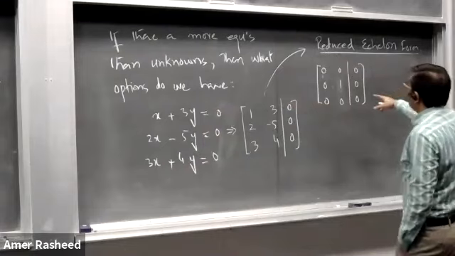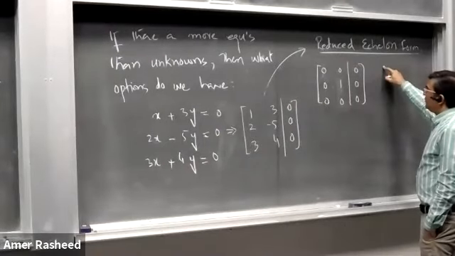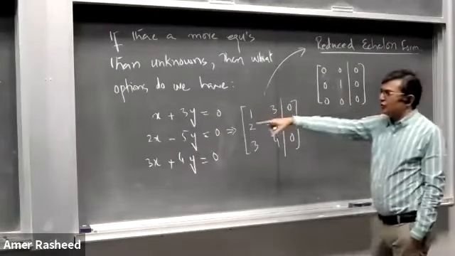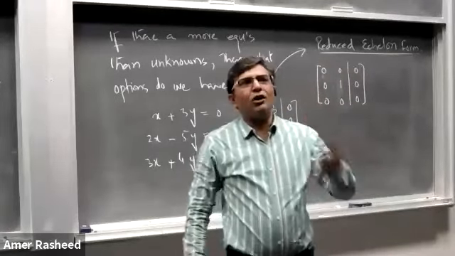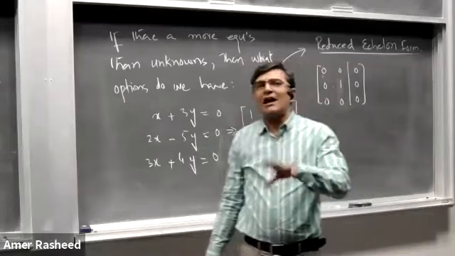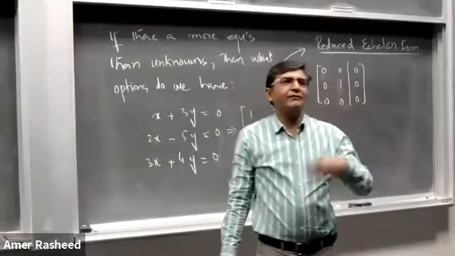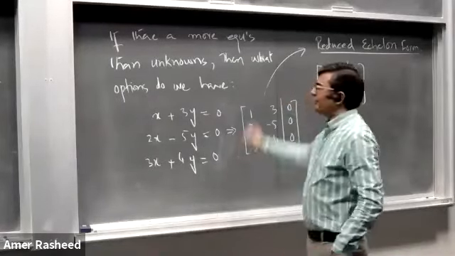But even in this case, the third option, that there is no solution to this system, cannot happen here. The homogeneous linear system must always have either one solution or infinitely many solutions. I hope you get it.